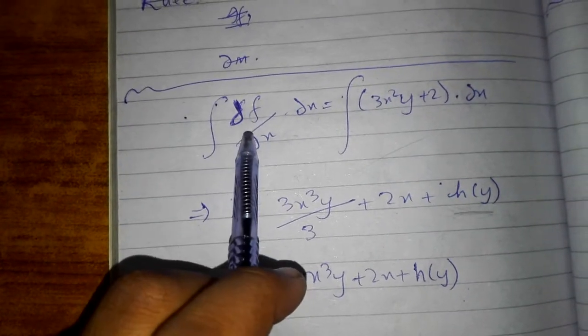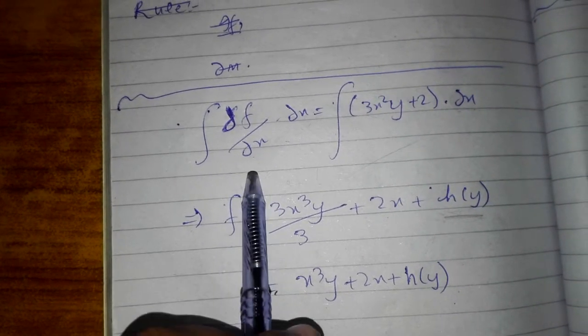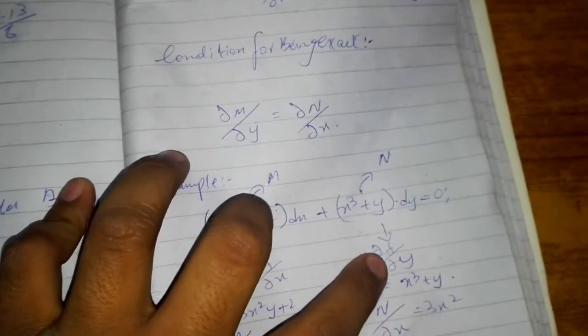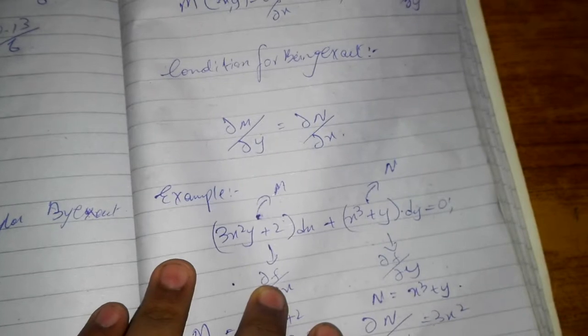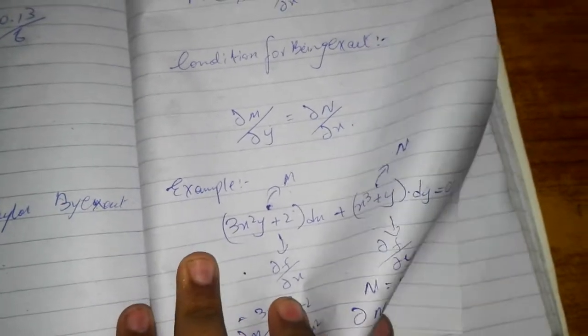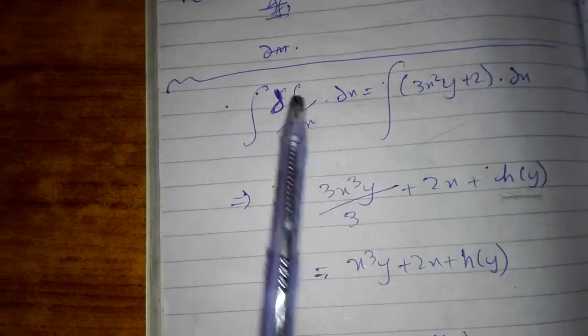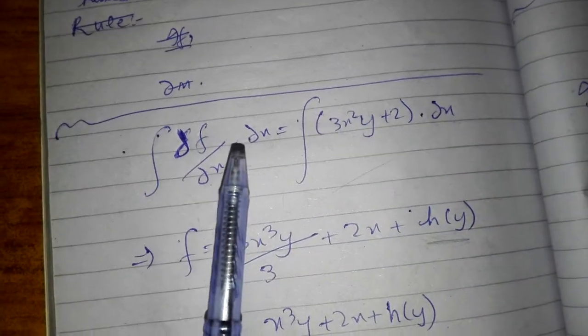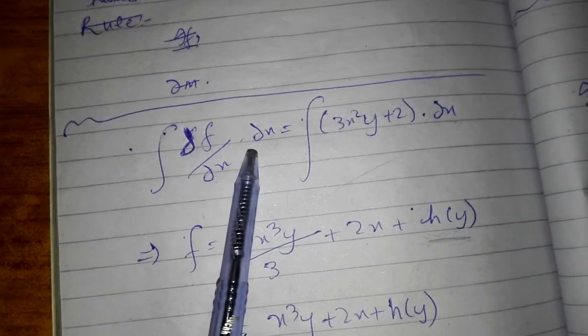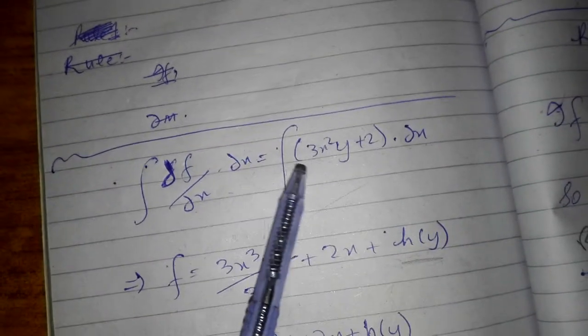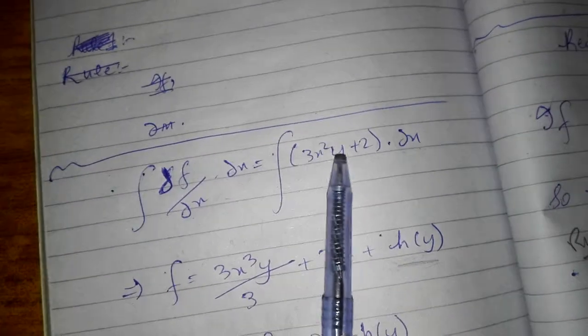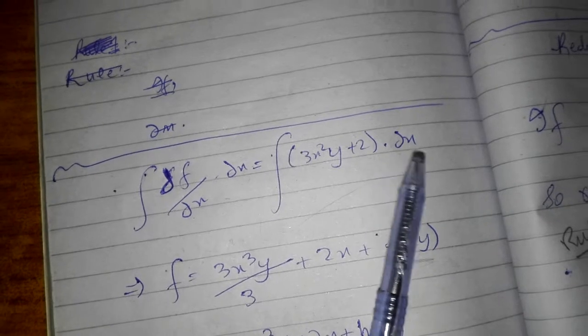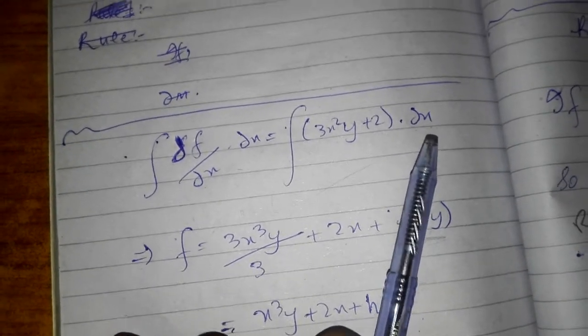Here is ∂f/∂x, as I told you before. So ∂f/∂x multiplied by ∂x is equal to the integral of (3x²y + 2) ∂x.